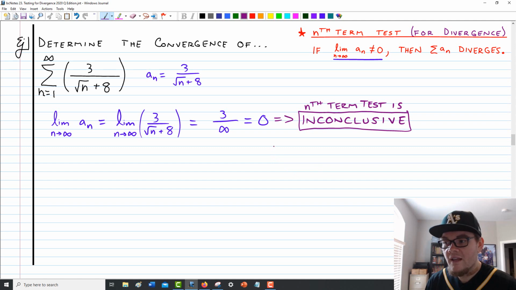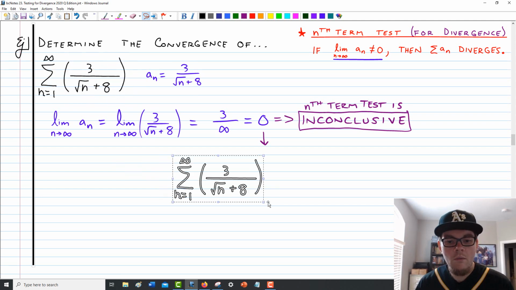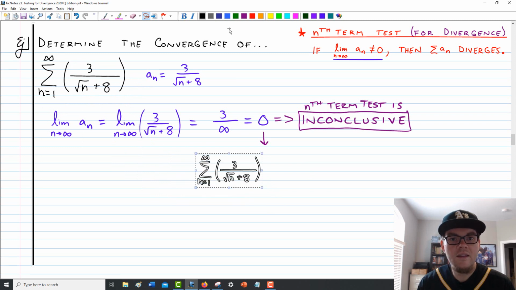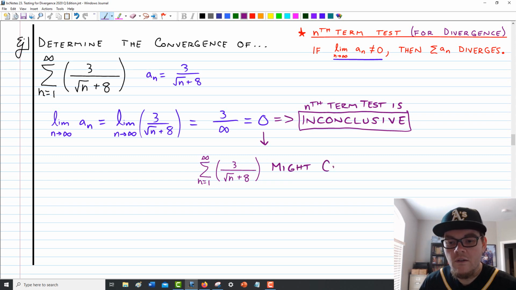All this 0 is telling us is that this series is showing evidence that it has the chance to converge. So in other words, it might converge.